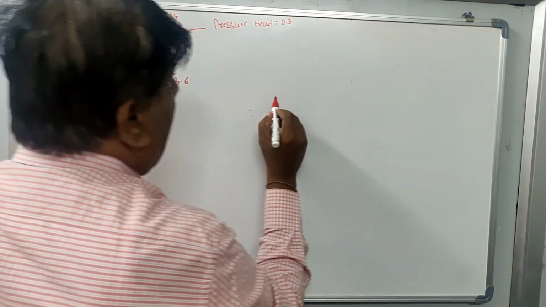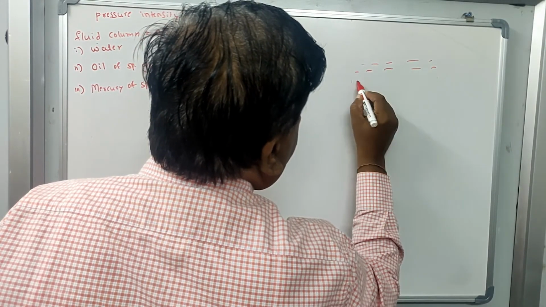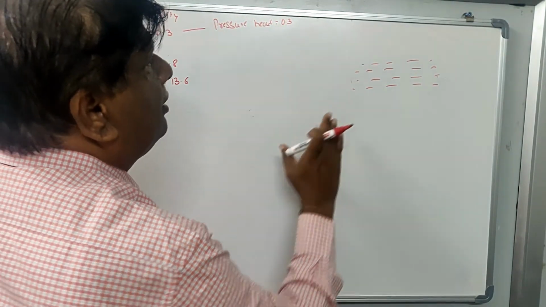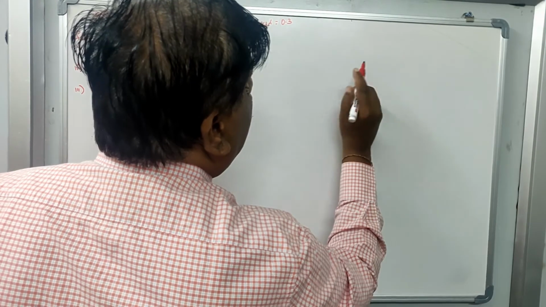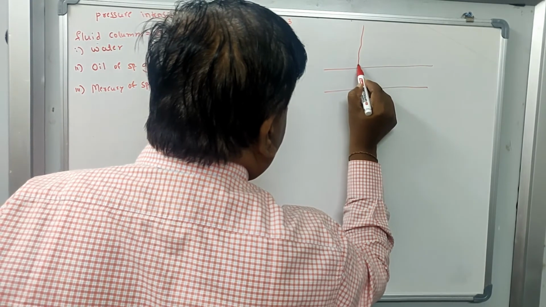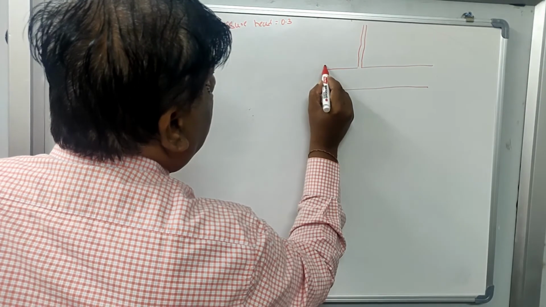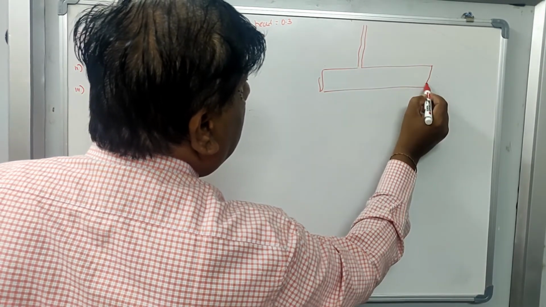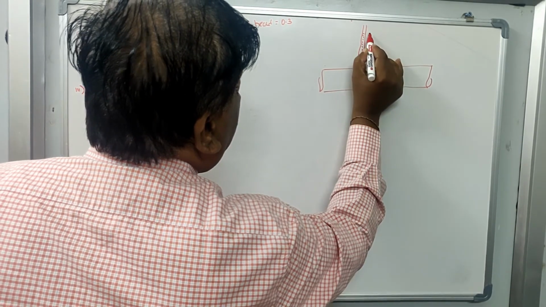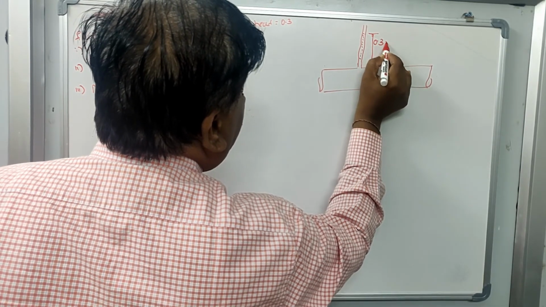If you have a static mass of fluid, or you can consider a closed pipe, install a piezometer here, to get the pressure head of 0.3 meter.